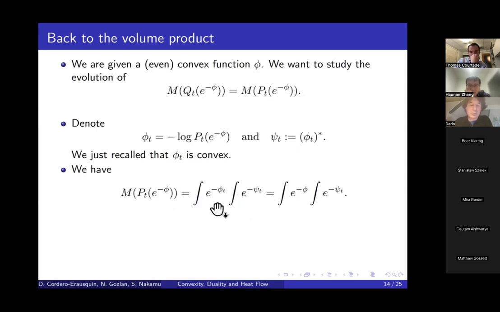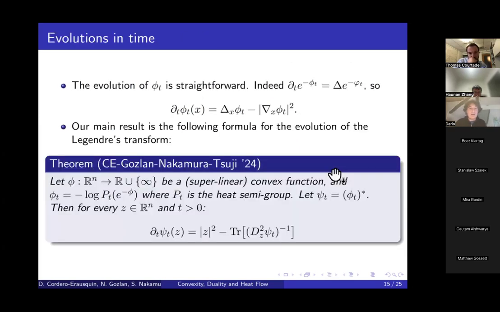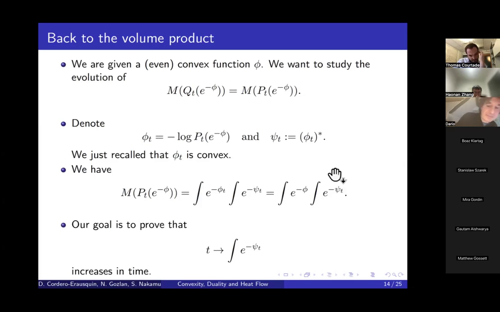And of course, as I said, the heat flow preserves the mass, so the only thing that really depends on t is this integral. So what we want to prove is that the integral of e to the minus psi_t increases in time.